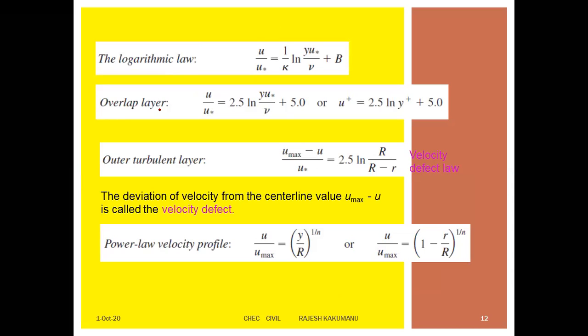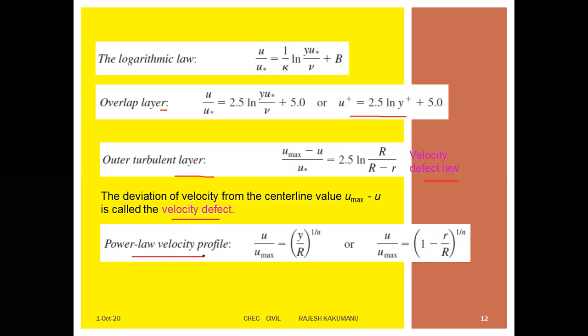For the overlapping layer, u plus is equal to 2.5 ln y plus plus 5.0, whereas for the outer turbulent layer it is equal to 2.5 ln of r by (r minus y), which is a velocity defect law. The deviation of velocity from the center line value, u max minus u, is called velocity defect.